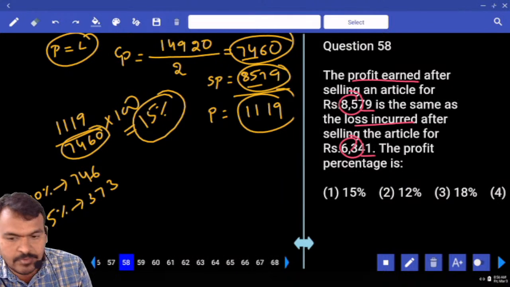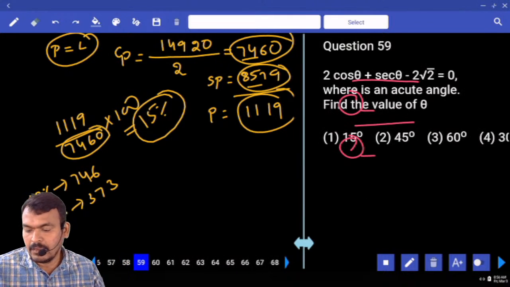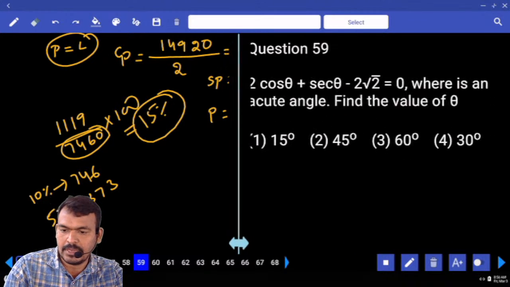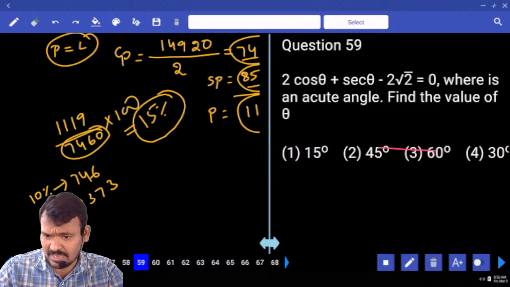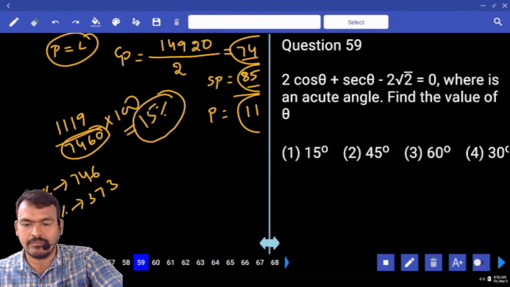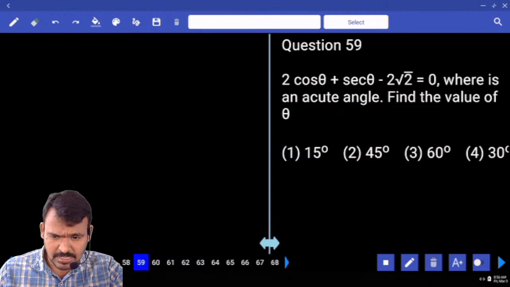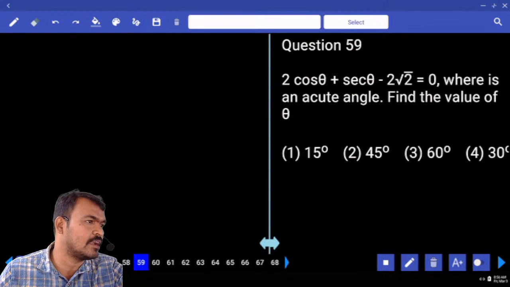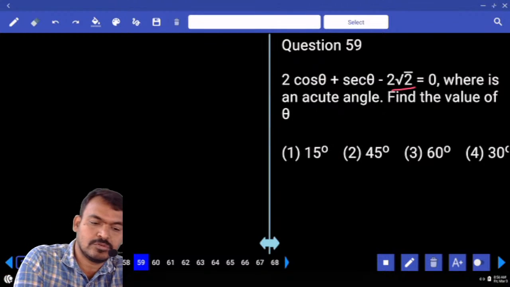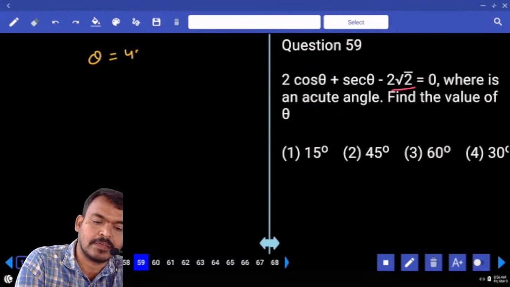Next, question number 59. 2 cos theta plus secant theta minus 2 root 2 equal to 0, where theta is an acute angle. Find the value of theta. Substitute the theta value 45. Cos and secant are given, and here the constant term is root 2. Substitute theta as 45 degrees.